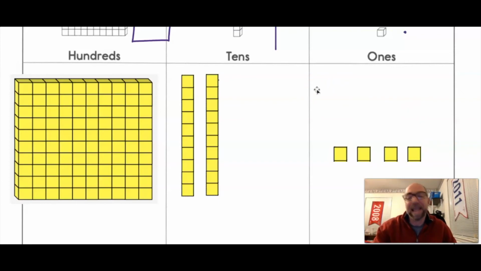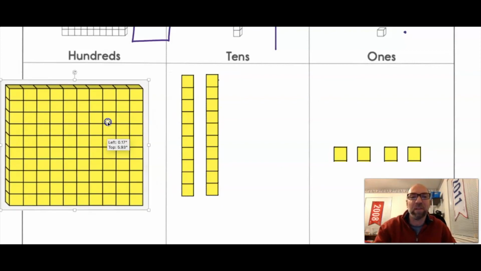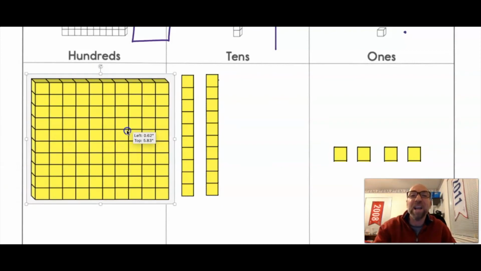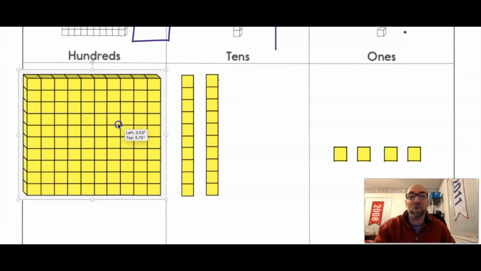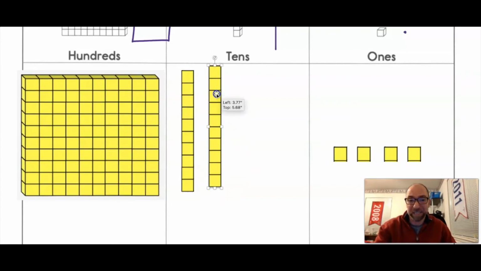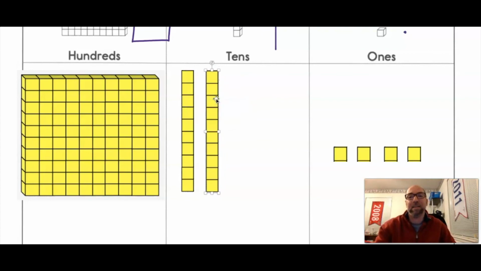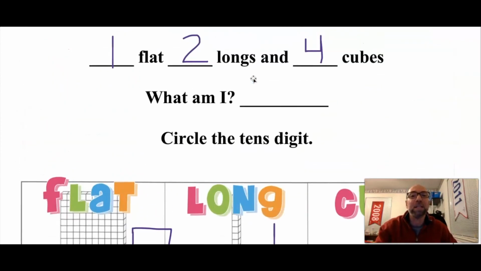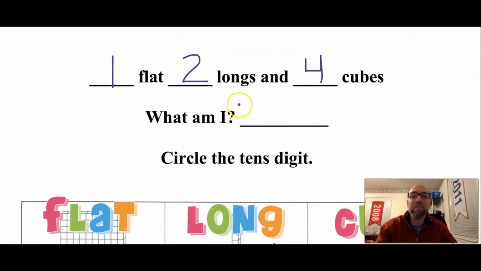Now, in order to count this, I have to start with the flat. 100, 110, 120, 121, 122, 123, 124. Let me show you how to write that. 124.